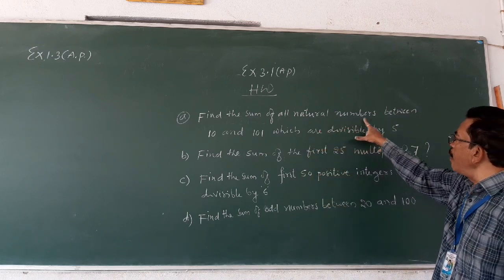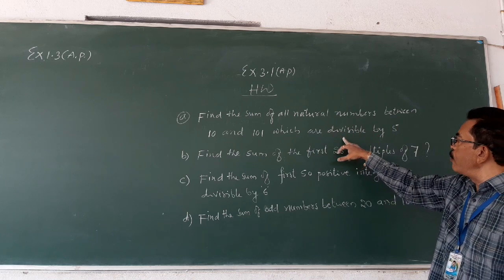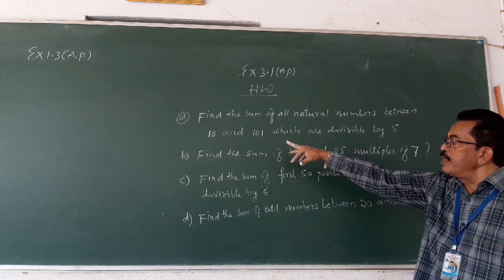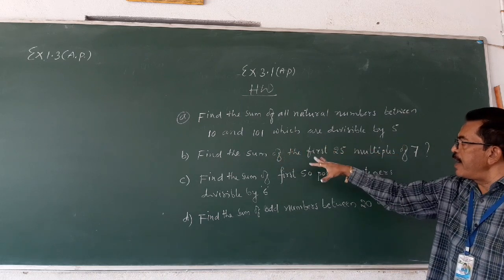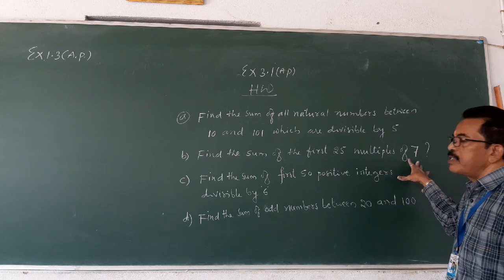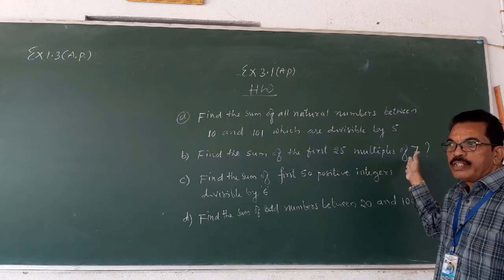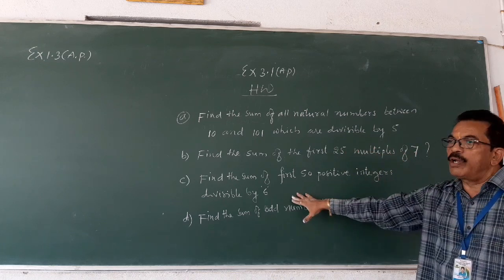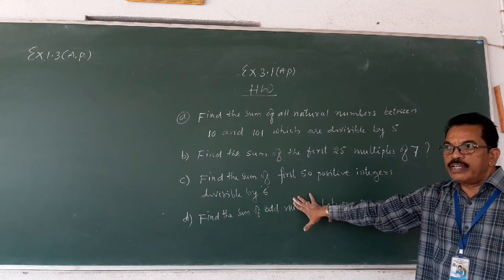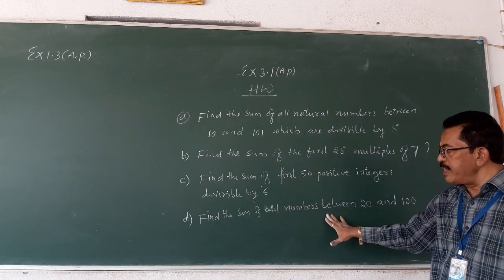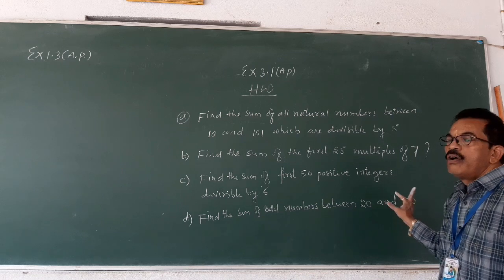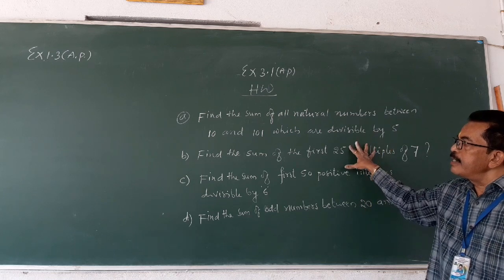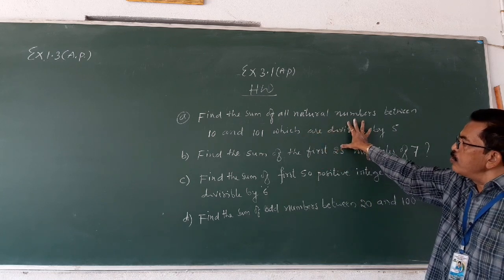Find the sum of all natural numbers between 10 and 100 which are divisible by 5. You have to find the set of integers between 10 and 100 divisible by 5. Then find the sum of the first 25 multiples of 7. You have to write the multiples of 7, then find S25. Then find the sum of the first 50 positive integers divisible by 6. You have to write the integers which are divisible by 6. Then find the sum of odd numbers between 20 and 100. Okay? So practice the solved problems. Then do the homework without fail.